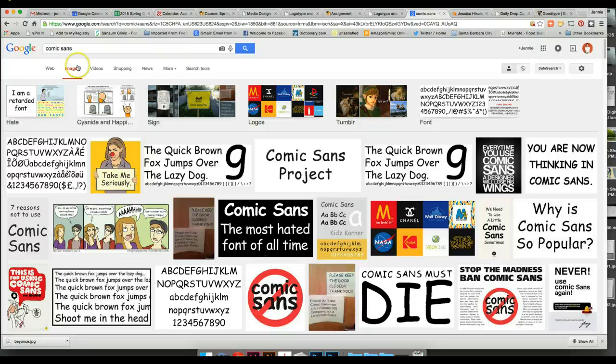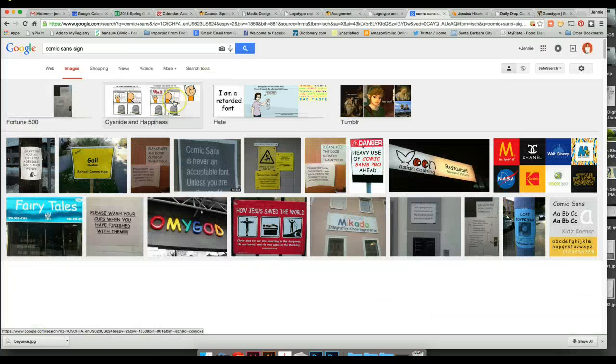It's kind of a funny comic font. It makes sense for a comic book, but it doesn't make sense when it's used, say, for a lawyer's document, right? Or a sign for a doctor's office, where something a little more appropriate would fit.